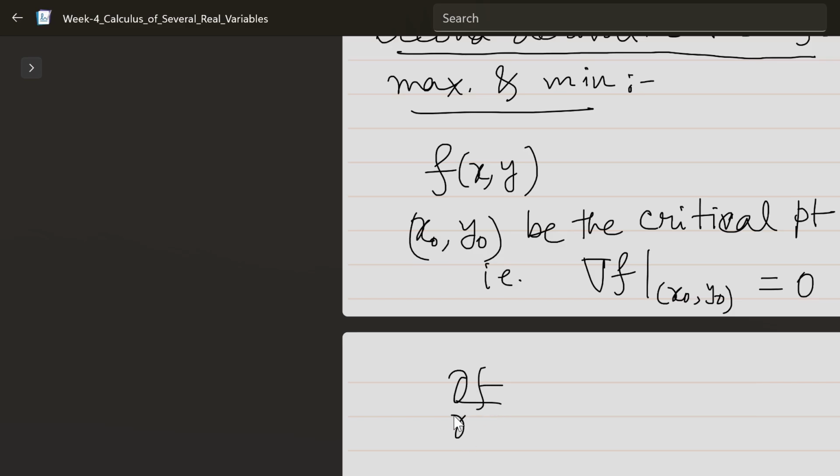So to find that, I will calculate. First, I will calculate del f del x equal to 0, and I will get x naught, y naught. Then I will calculate del f del y. I will already get x naught, y naught because x naught and y naught are a critical point. So I will find del 2f del x 2, del 2f del y 2, and the second order mixed derivative del 2f del x del y.